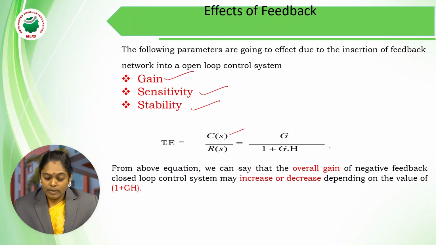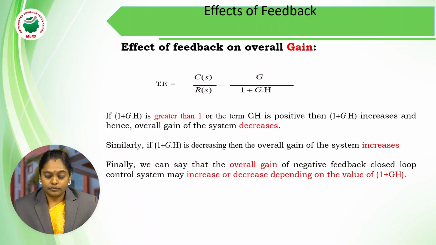From this expression, we can say that the overall gain of a negative feedback system may increase or decrease depending upon the value of GH. Now let me see how it is going to be affected.